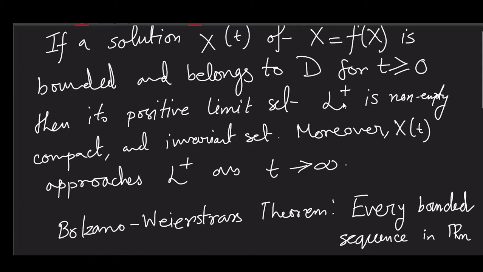It may have more than one point, like in the case of a limit cycle, but at least one point will be there, right?